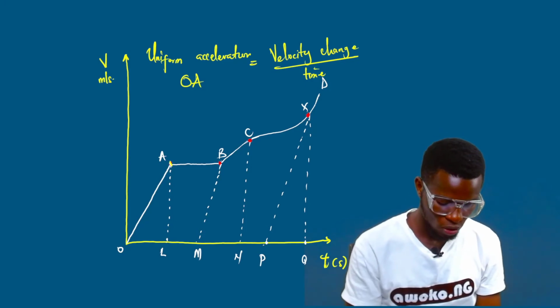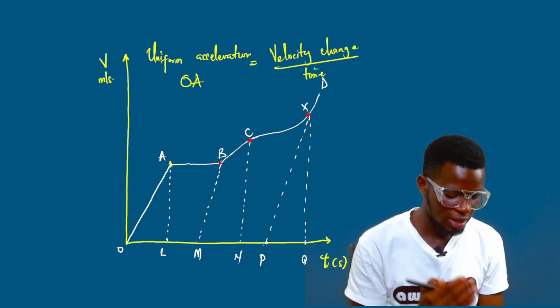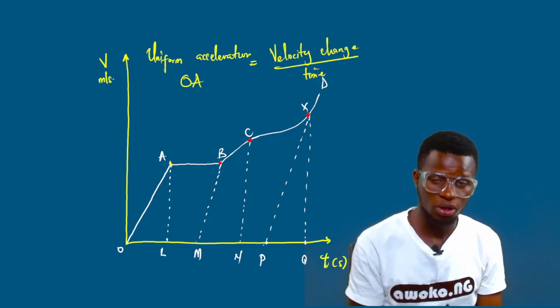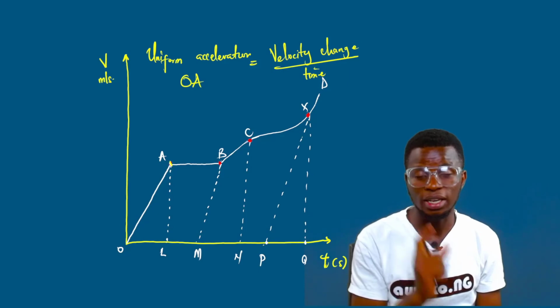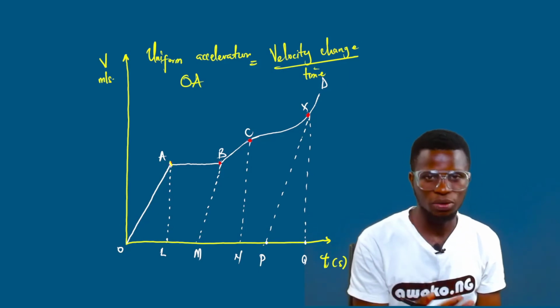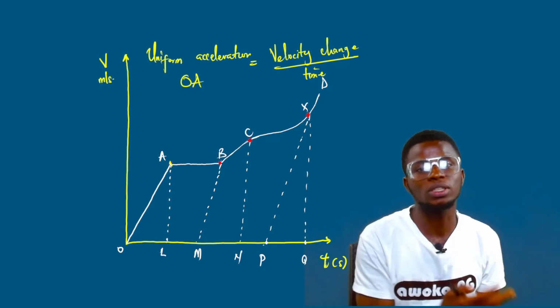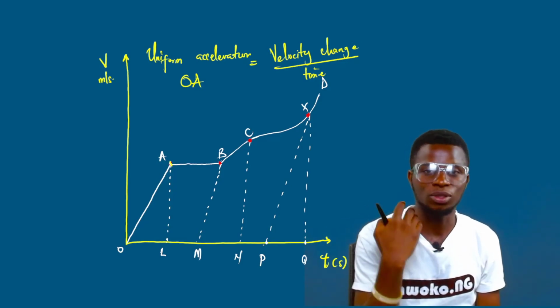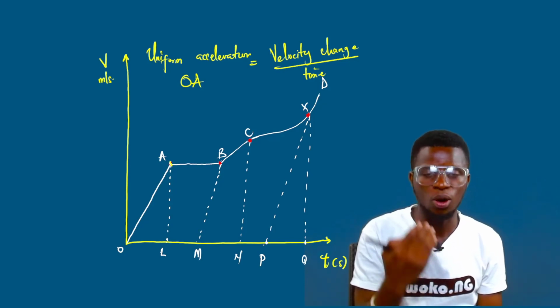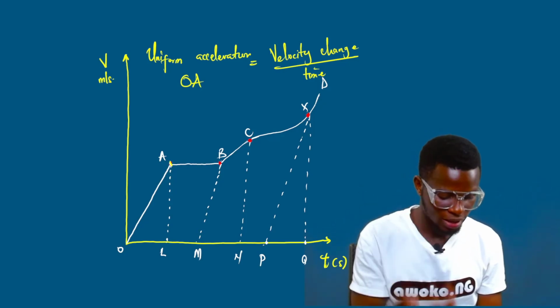Right? And of course, I said earlier that the acceleration is equal to the gradient of the velocity time graph. This is also a likely exam question. They could ask you, what is the acceleration of a body, or what does the acceleration of a body symbolize, or how can we express it? It is expressed as the gradient of the velocity time graph.